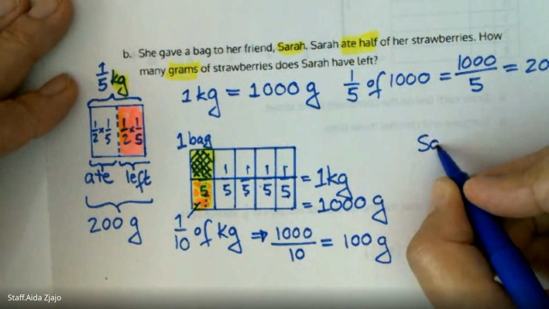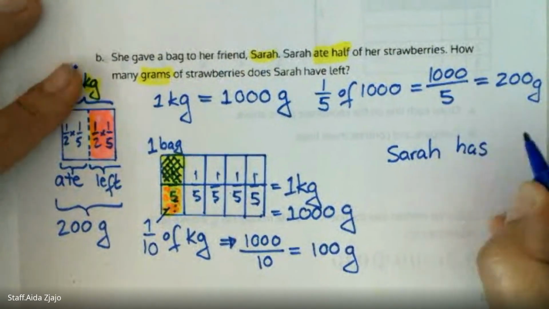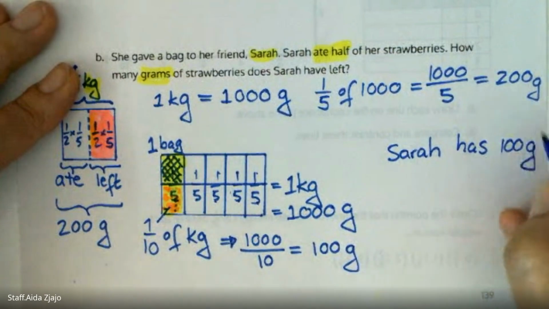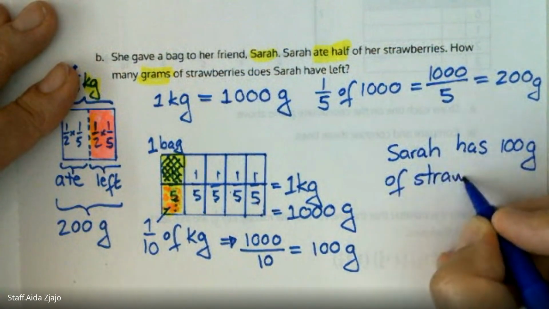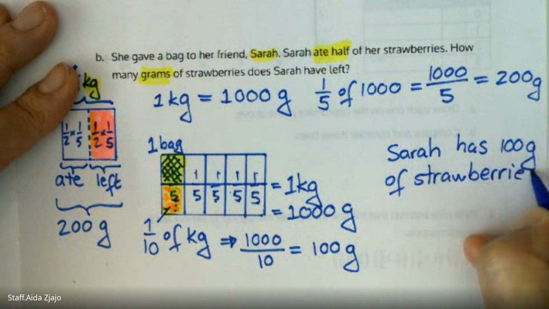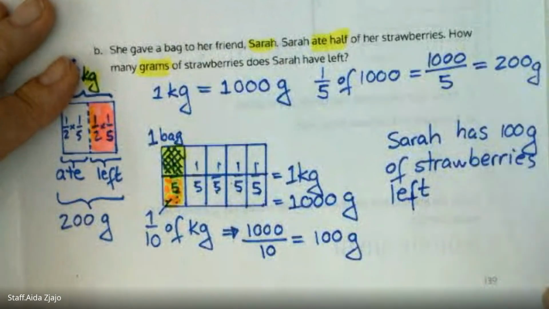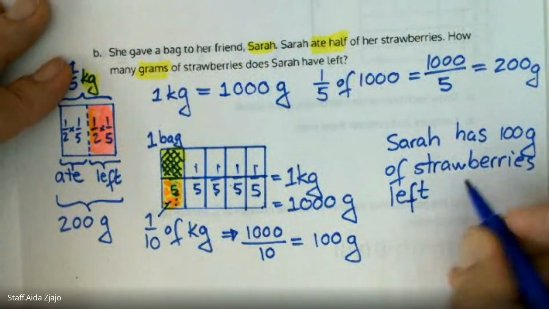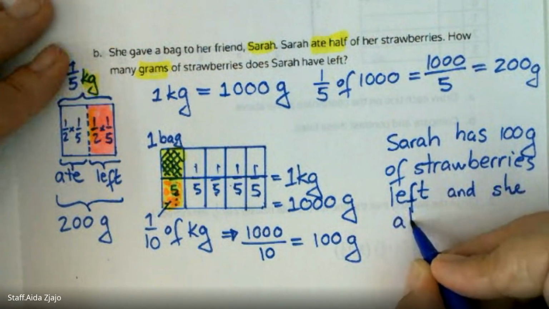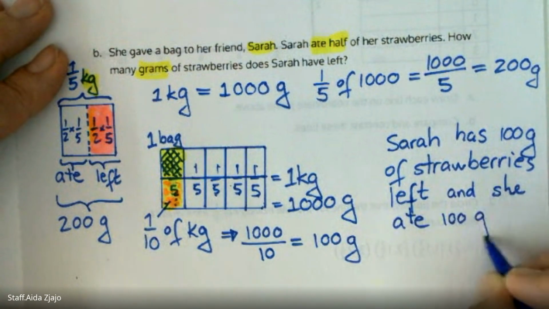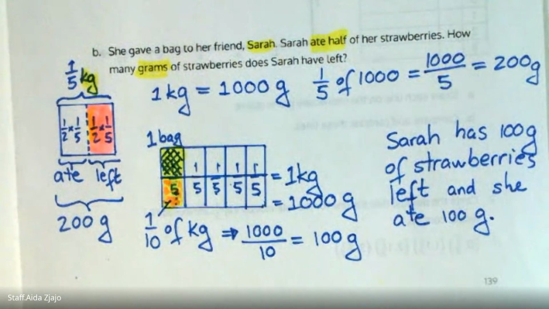Sarah has 100 grams of strawberries left. And she ate 100 grams.